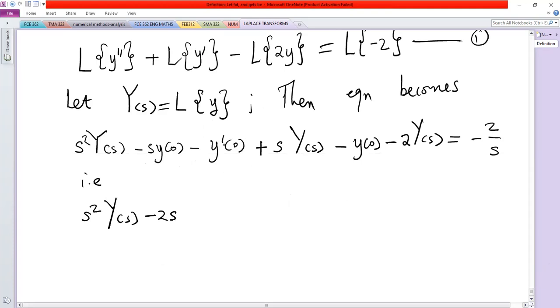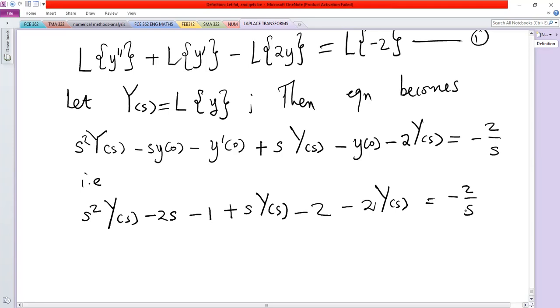Whereas the first derivative at 0, we replace by 1, so I'll have minus 1. And then plus s capital Y of s, whereas y at 0, we replace by 2, so minus 2. Then minus 2 Y of s equals minus 2 over s.